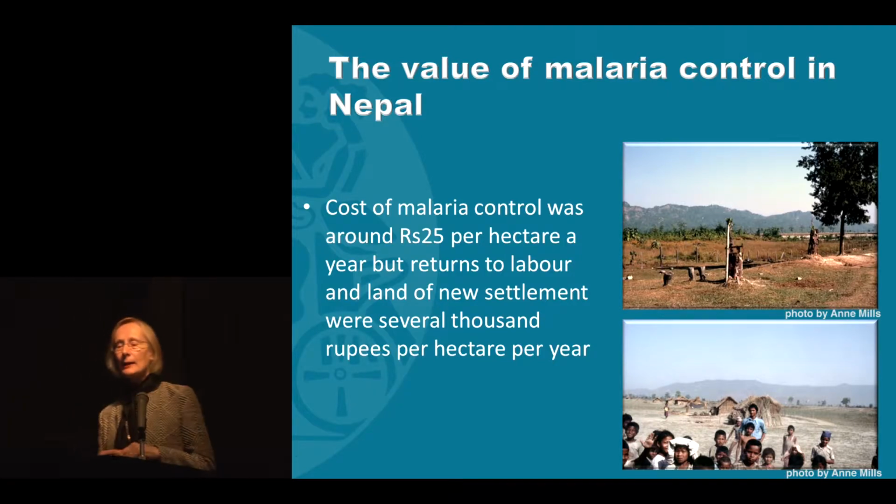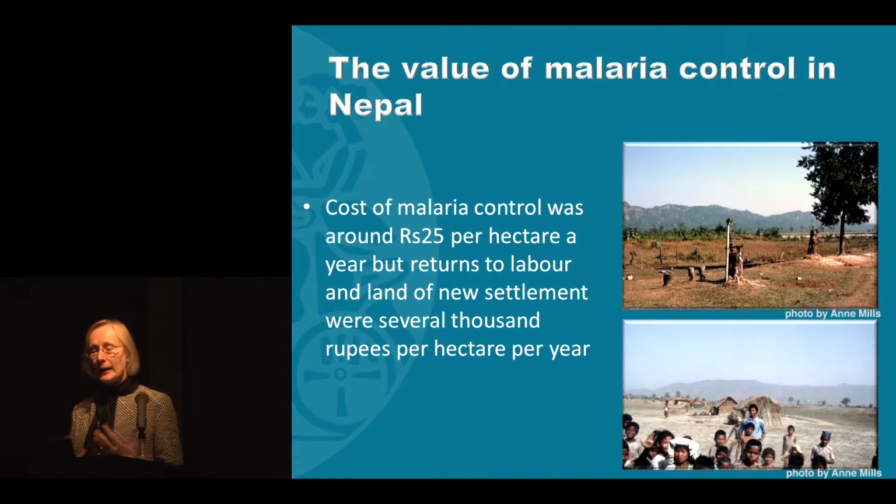So what I estimated was the cost of malaria control was around 25 rupees per hectare per year. But if you actually calculated the returns to labor and to land of new settlement in terms of the production that was then made possible, those benefits were several thousand rupees per hectare per year.